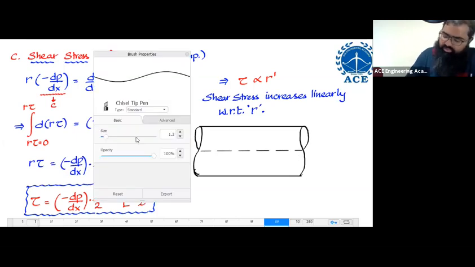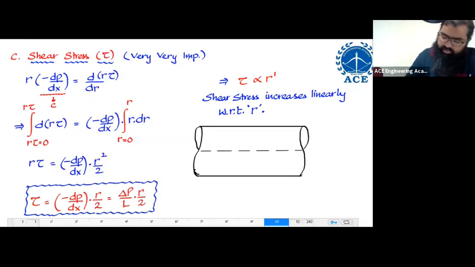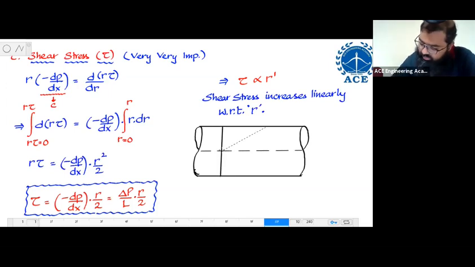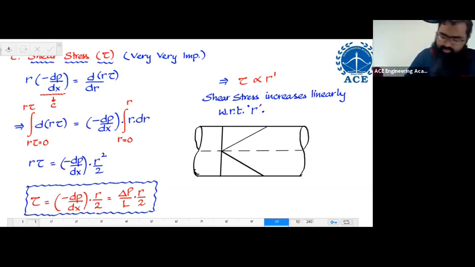If I look at the shear stress, the profile of shear stress is supposed to be linearly increasing, therefore something like this. Symmetry should be there. If my diagram is not showing symmetry, you imagine symmetry then. This is the profile of shear stress you are going to have.